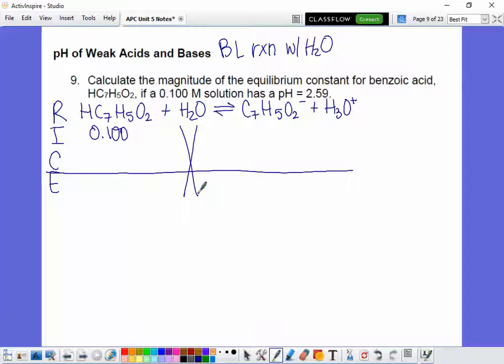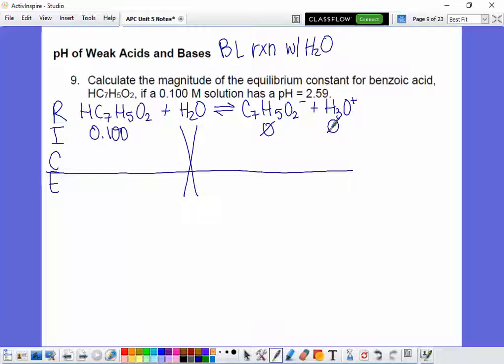All right, what are our initial concentrations of my products? 0. Not until about halfway through this unit, when we switch over to chapter 15, are we going to have initial concentrations for our products that are something other than 0. So not yet. Let's start with the basics right now, or the acidics. pH is always at equilibrium.